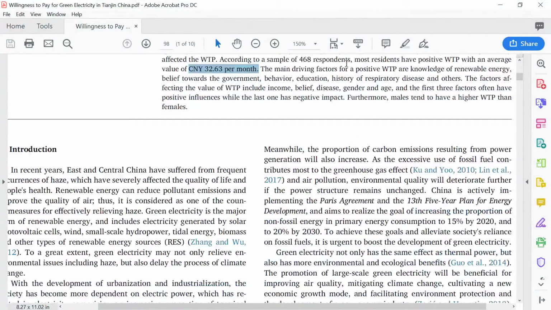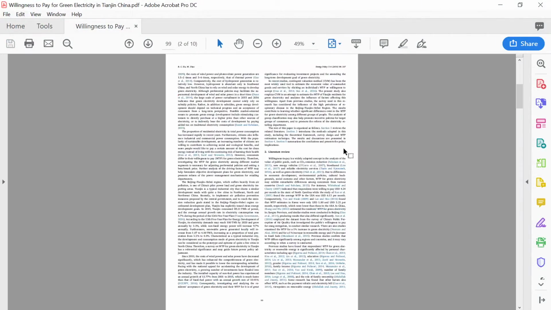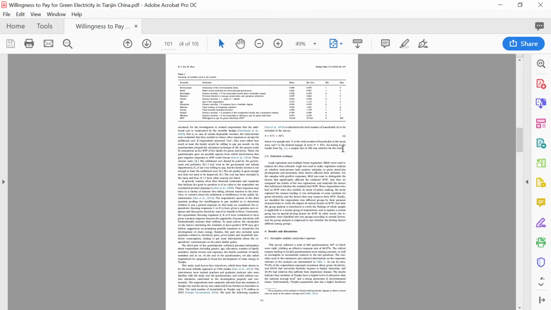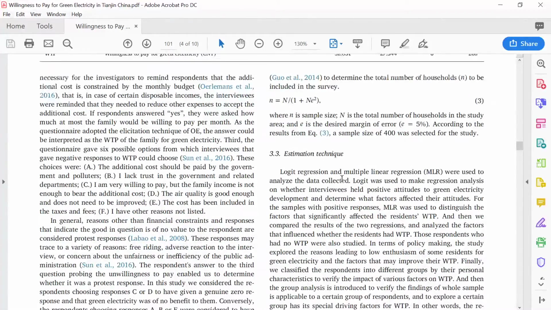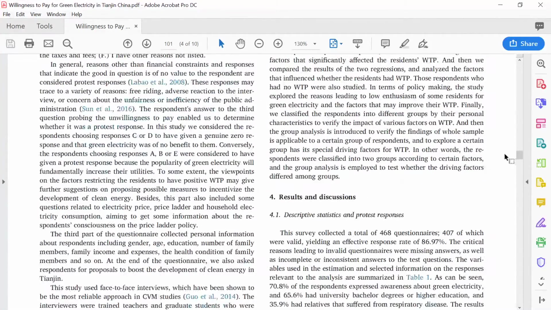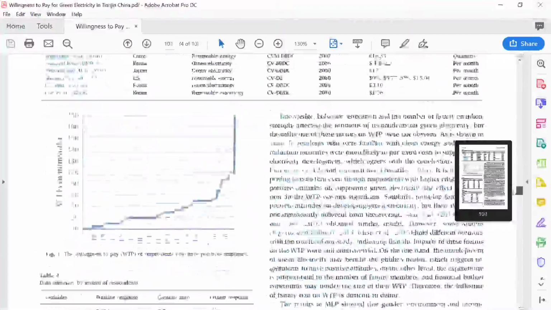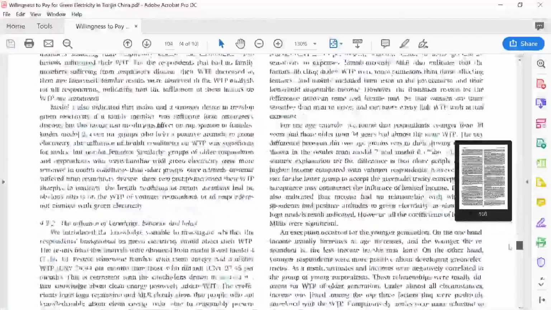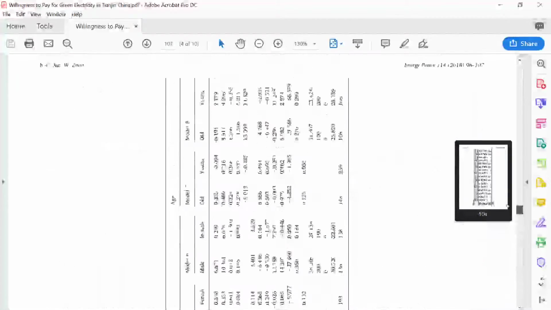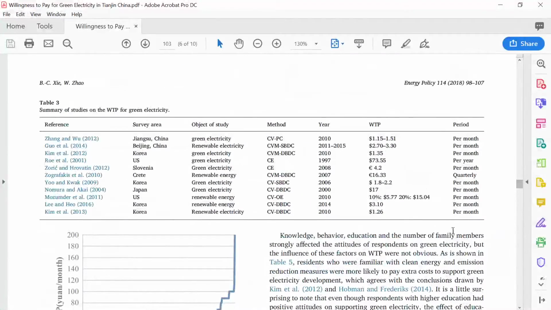I believe if I come down here, so here is, for example, this part of the paper compares the results that they'd produced with prior studies.